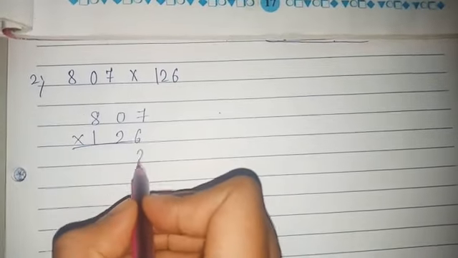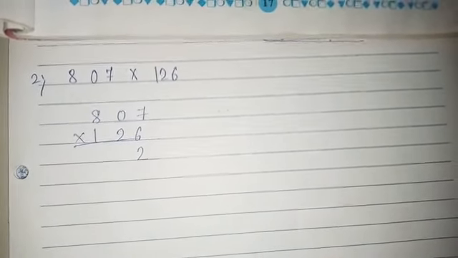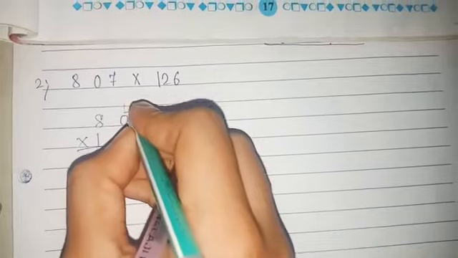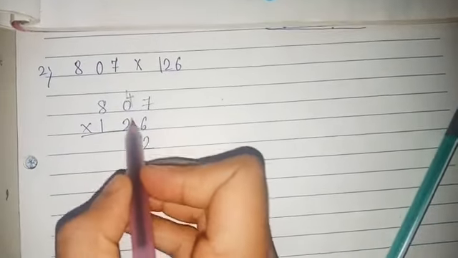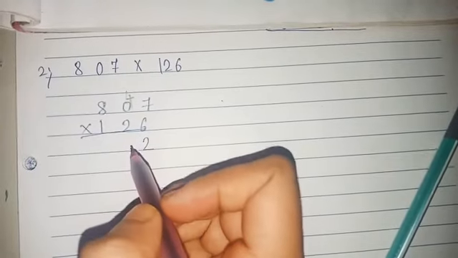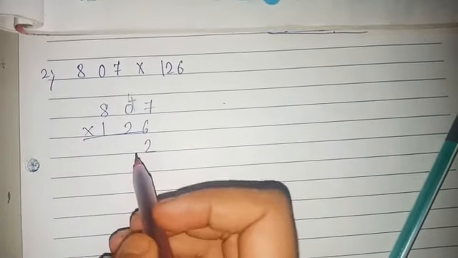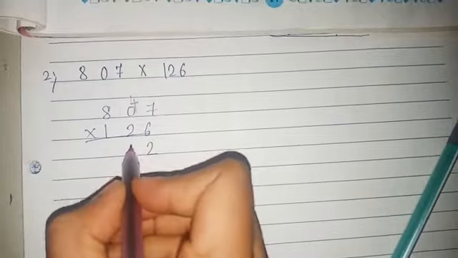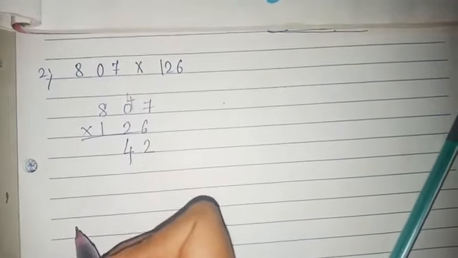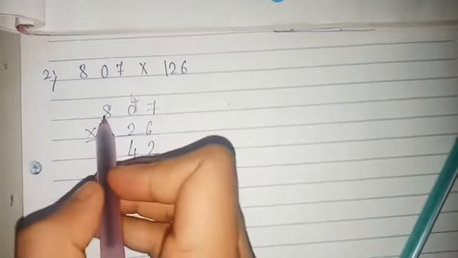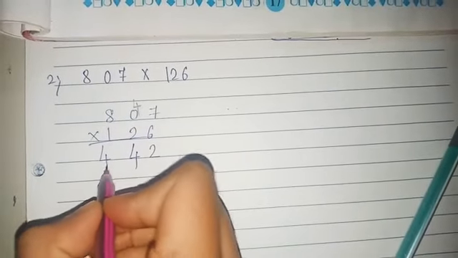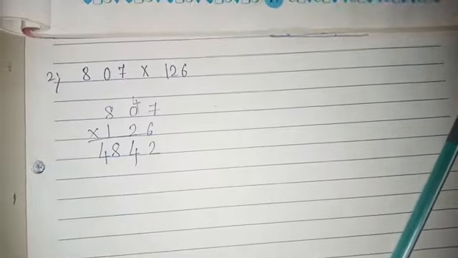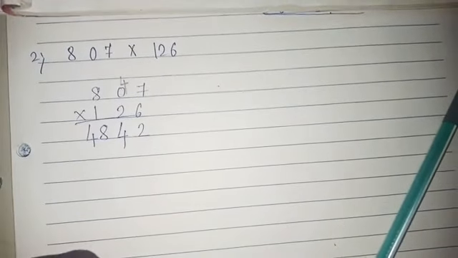So 2 will come here and carry forward 4. And 6 zeros will be 0 only, so I will directly write this 4 here. Now 6 eights are 48, so 4 and 8. Done.